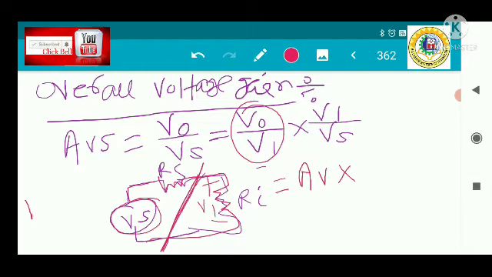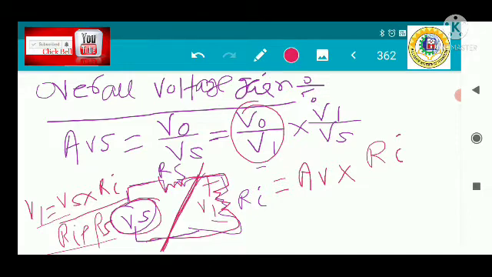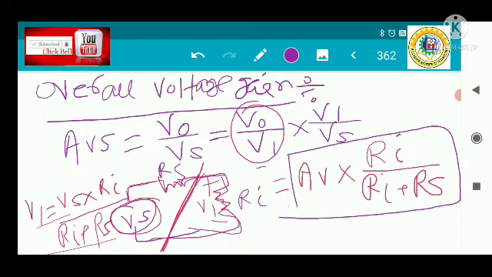By the voltage division rule, V1 is nothing but Vs into Ri divided by Ri plus Rs. So V1 divided by Vs is Ri divided by Ri plus Rs. This overall voltage gain, represented by AVS, is always less than AV.